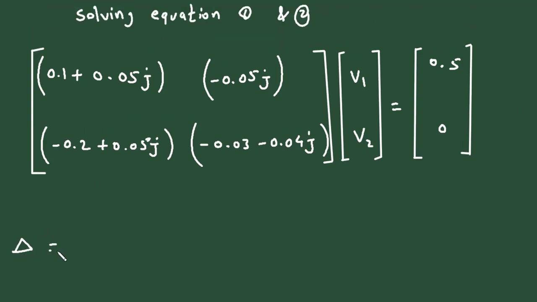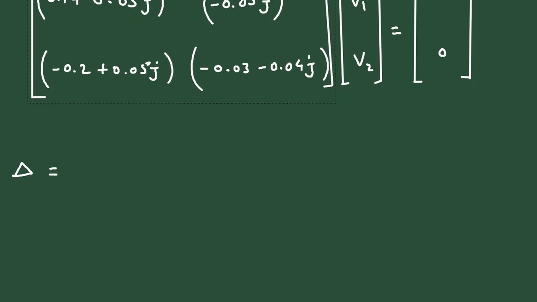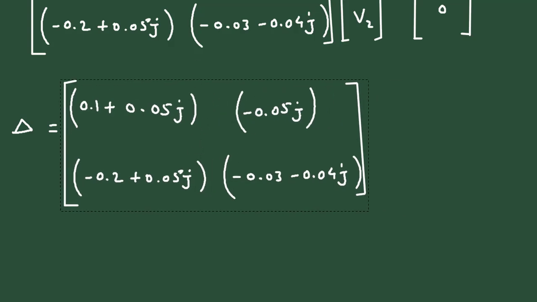So first we have to find the value of delta. Delta is equal to this value. We have to take the determinant of this matrix. So for determinant we have to multiply this into this minus this into this.